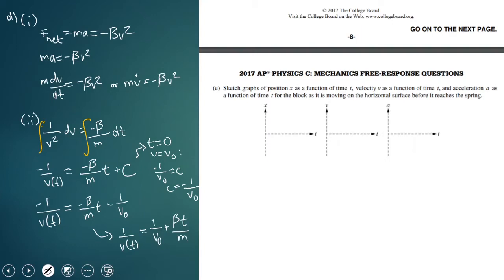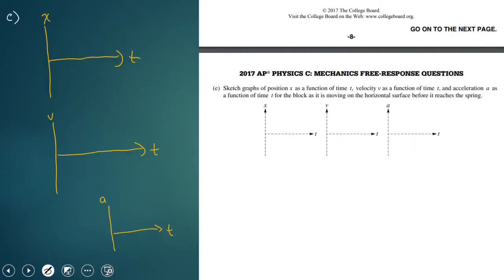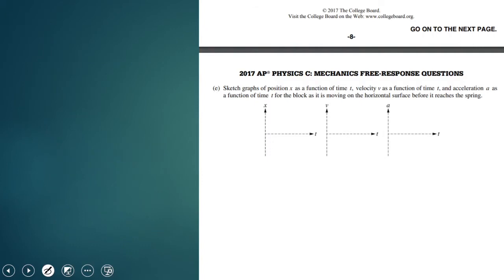And so because this is a reciprocal, we can take the reciprocal of both sides. So I'll do this on this next slide. So we have 1 over v at t is equal to 1 over v naught plus bt over m.